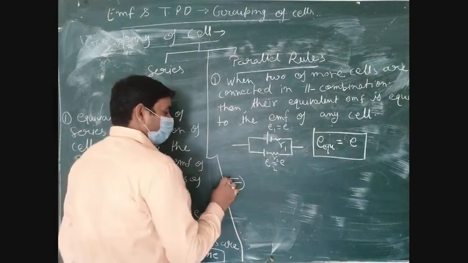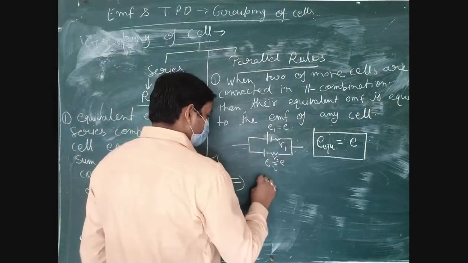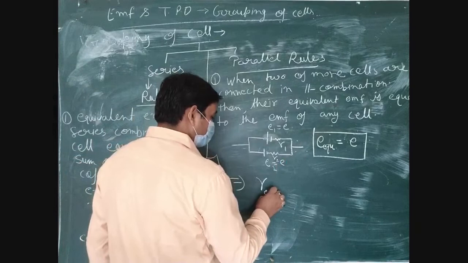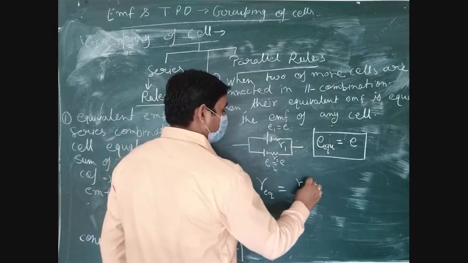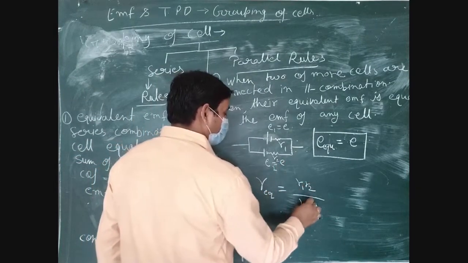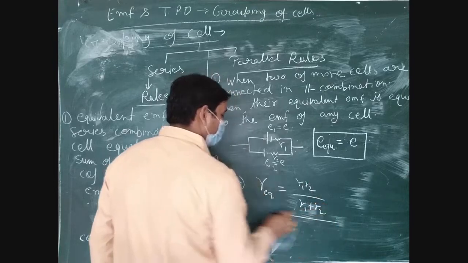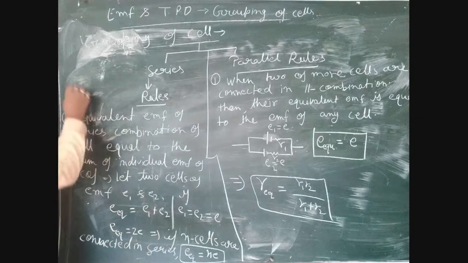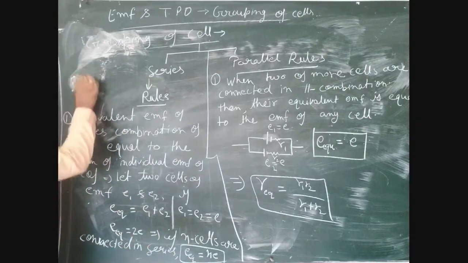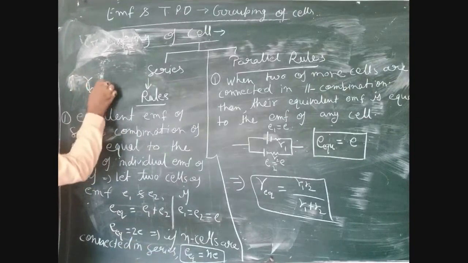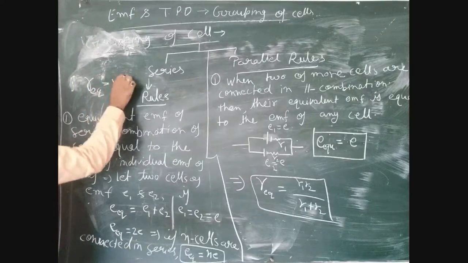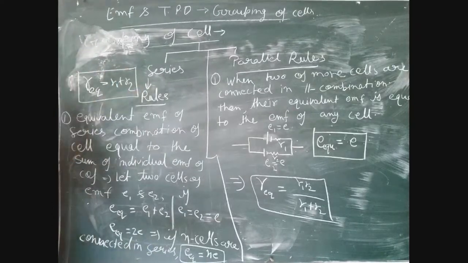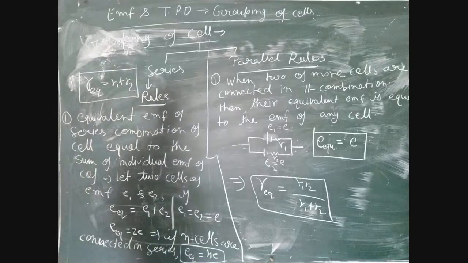In this case the equivalent resistance is given by r1 r2 upon r1 plus r2, as in the parallel combination of resistances, and for the series combination the equivalent resistance is r1 plus r2. So these are the rules of the grouping of cells. Okay, thank you.